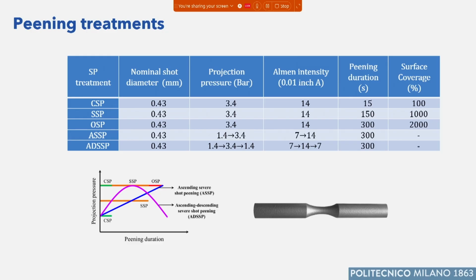But anyway, it's important that the duration is clear. And for ascending descending, we have a similar trend, but the pressure goes up from 1.4 to 3.4, and then back to 1.4, and the Almen intensity is 7, 14, 7.